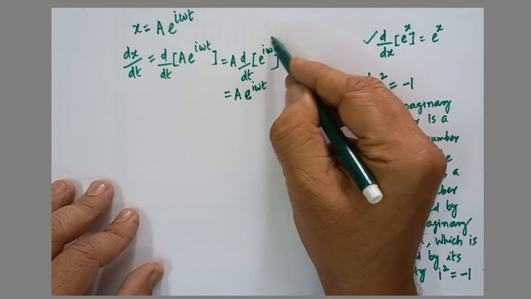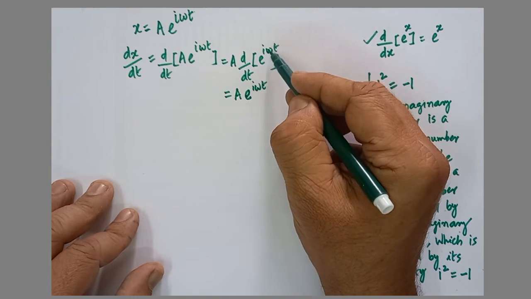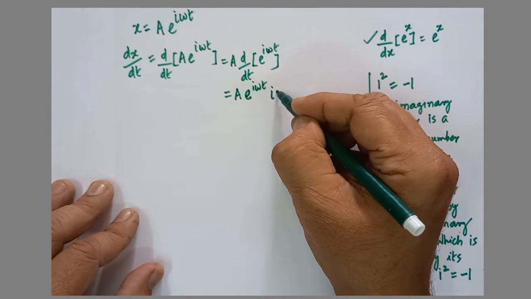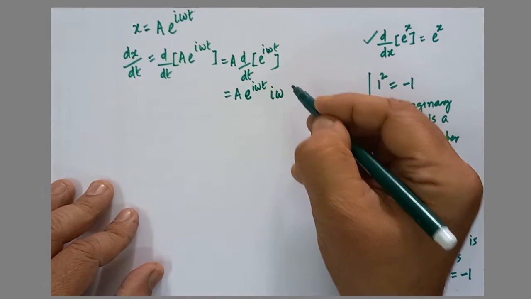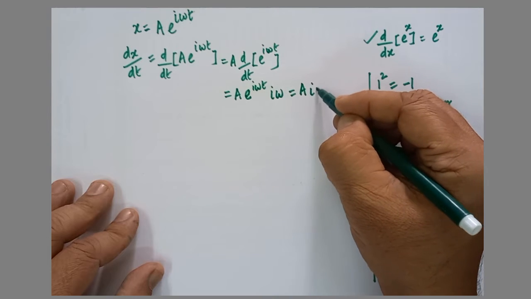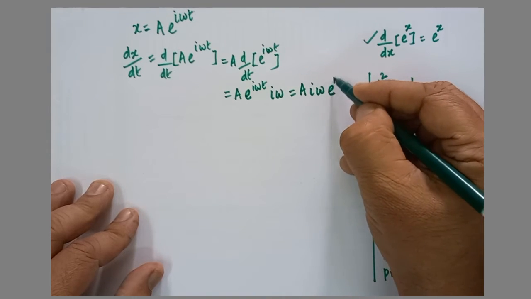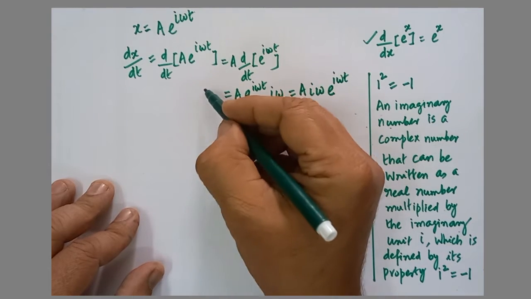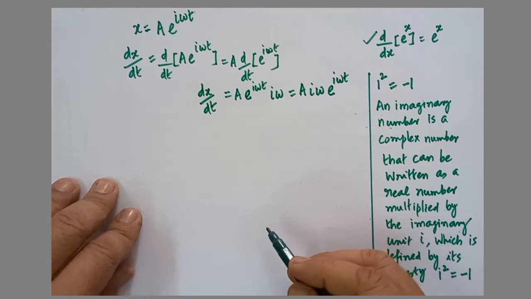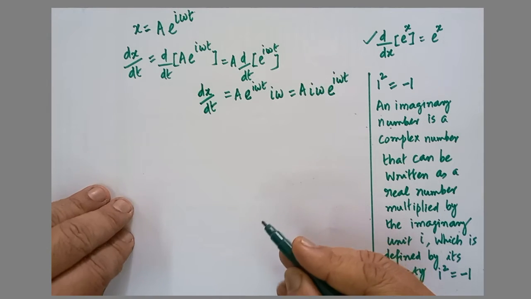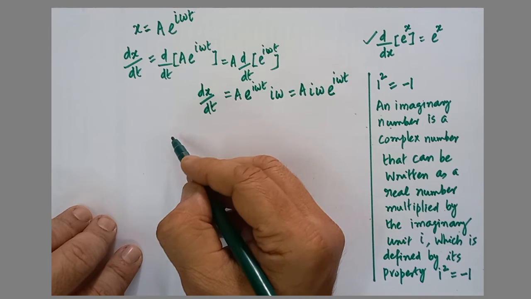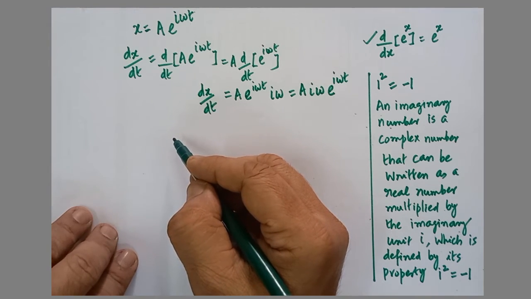Again this part, iωt, must be differentiated separately, and you will get iω. Make a note. So finally you can write A iω e^(iωt). This is called dx/dt. Basic fundamental knowledge of mathematics is essential here. You should know all the fundamental formulas of differentiation and integration.